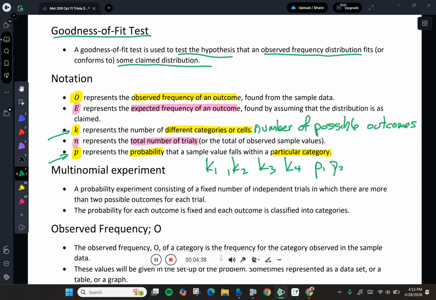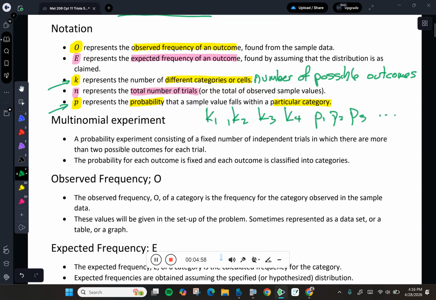We're going to have a P sub 2, which would be the probability of outcome 2, K sub 2 occurring. P sub 3, and so on and so forth. Right? So while K represents the number of possible outcomes, K1 would be the first outcome, K2 the second, K3, and so on and so forth.